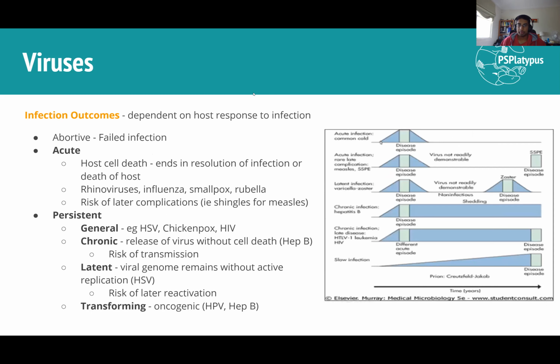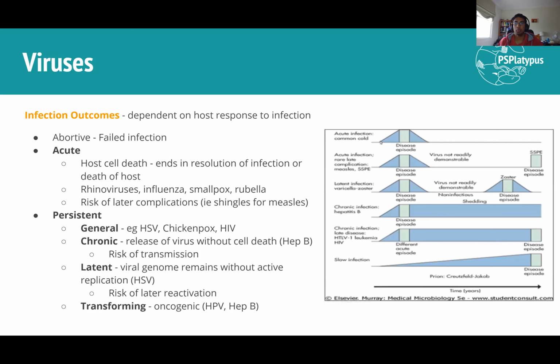All right, so this is a whole bunch of big words. They're pretty simple. The diagram on the right is quite helpful. So abortive infection means nothing happened. An acute infection means that you've got viruses replicating inside you. Typically, these are ones which damage the host cells, because if your host cells are damaged or dying, then either the virus wins or you win.